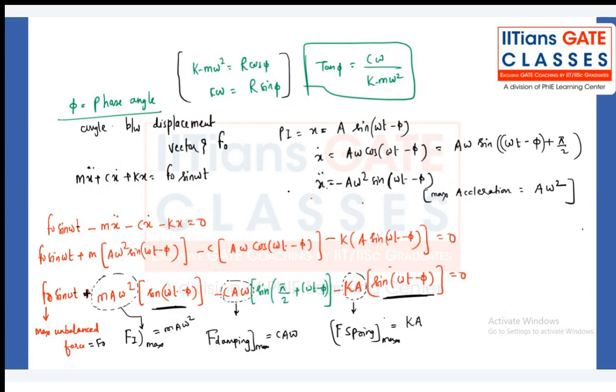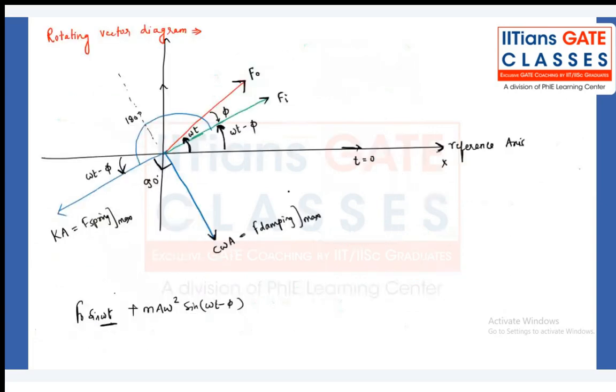M a omega square sine omega t, but it is making an angle omega t minus phi. That means this angle is phi. That is the inertia force, the maximum inertia force.